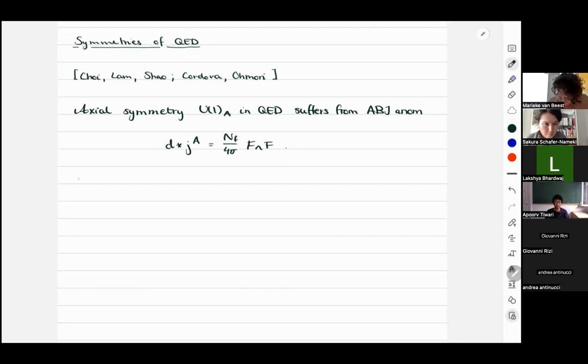So as I'm sure most of you are aware, that means that if I wanted to write down the usual topological operator that implements the axial symmetry, I can write that as U alpha, star JA. Because of this anomaly, this operator is no longer topological, which means that the U1 is broken.